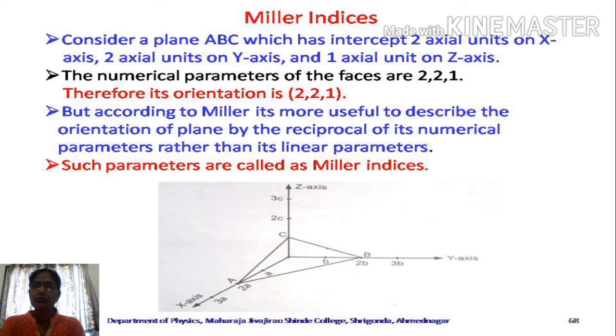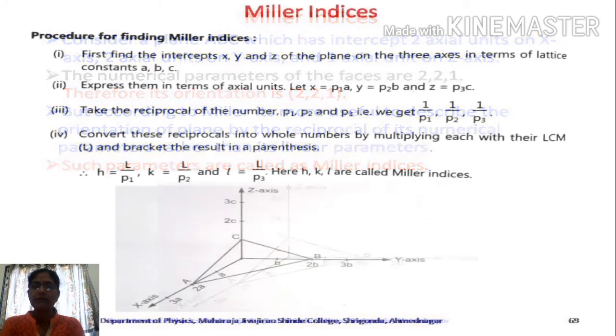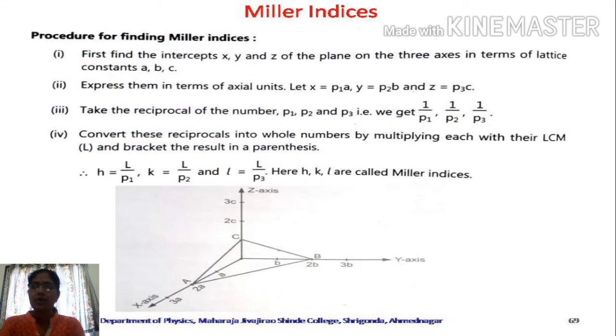In order to find the Miller index of a plane, you have to take the intercepts made by the given plane on the three crystallographic axes as shown in the figure. Then next you have to divide them by the lattice parameters, that is a, b, c.